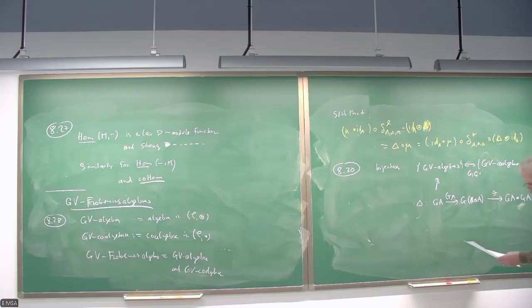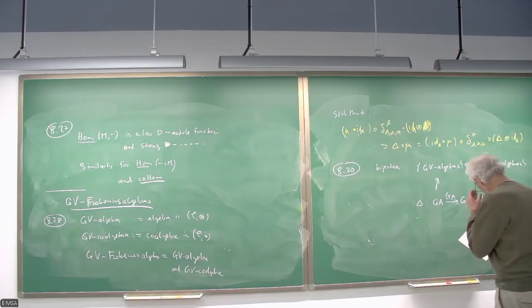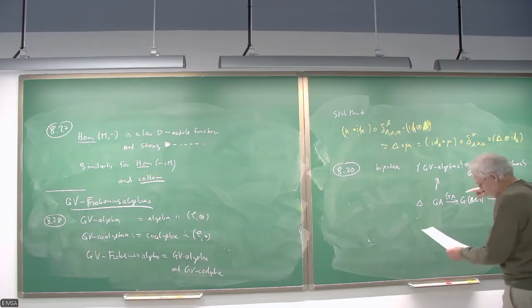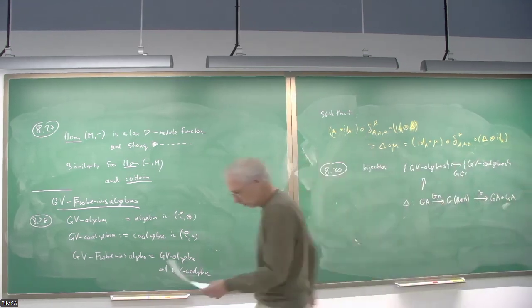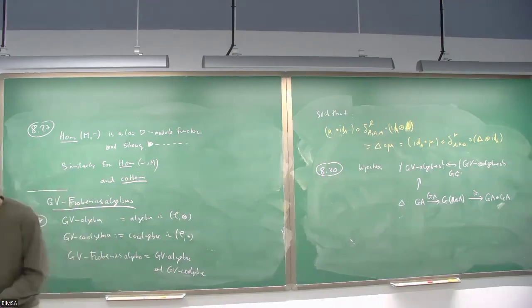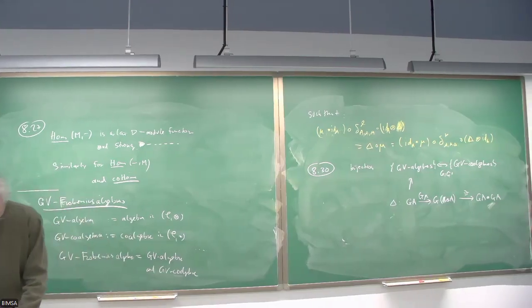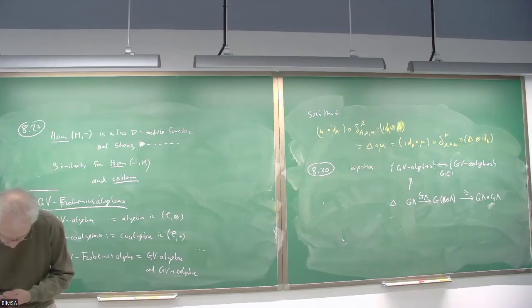And we see that associativity for mu implies co-associativity for this map. And also the co-unit you define similarly via the unit.